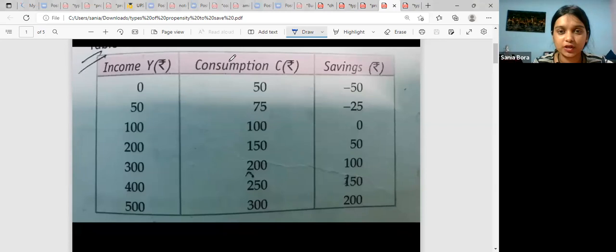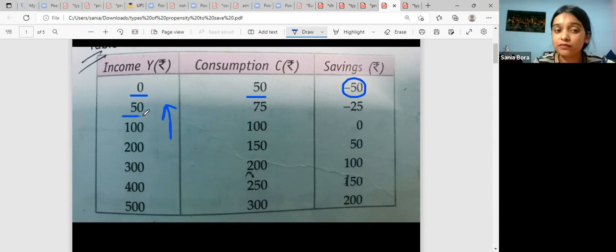This is your income, this is your consumption, and this is your saving. As income increases, your consumption is also increasing, right? But when your income is 0, you are consuming 50. From where are you getting this 50? Of course, you are taking it from your savings. So it is minus 50.